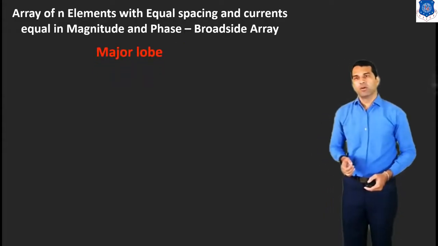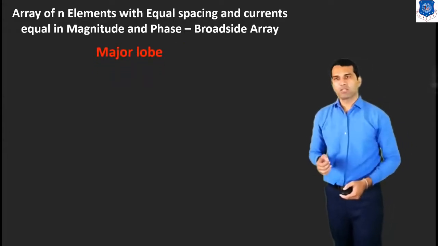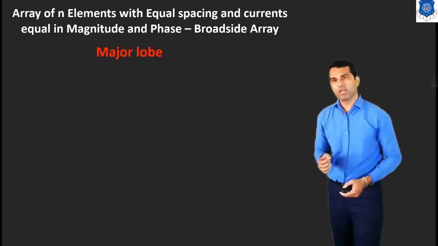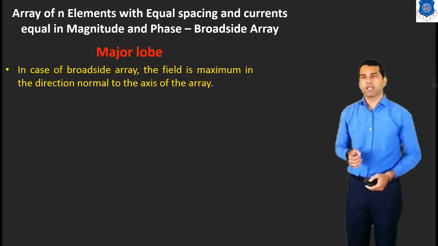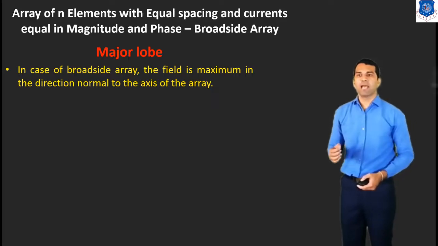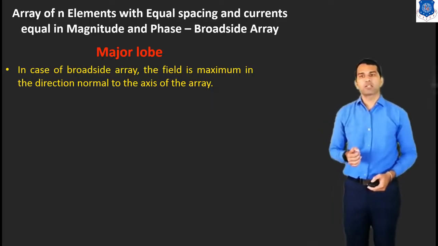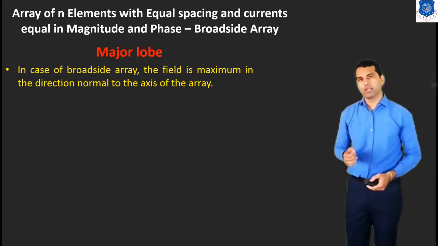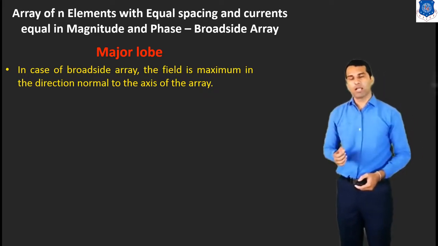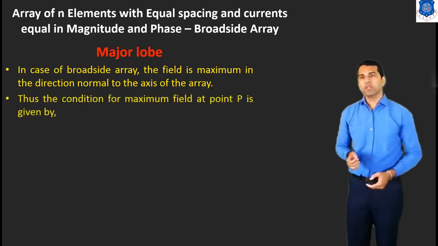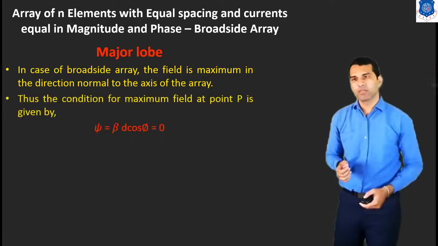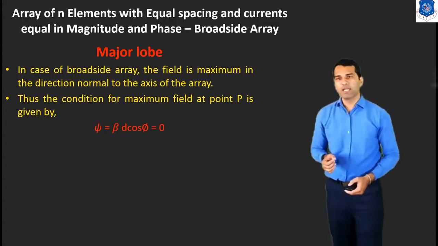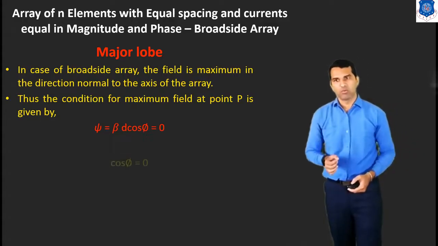Now, for the broadside array, we first find the maxima. In case of the broadside array, the field is maximum in the direction normal to the axis of the array. We learned about the broadside array in the types of arrays. Thus, the condition for the maximum field at the point P is given by psi is equal to beta d cos phi is equal to 0.